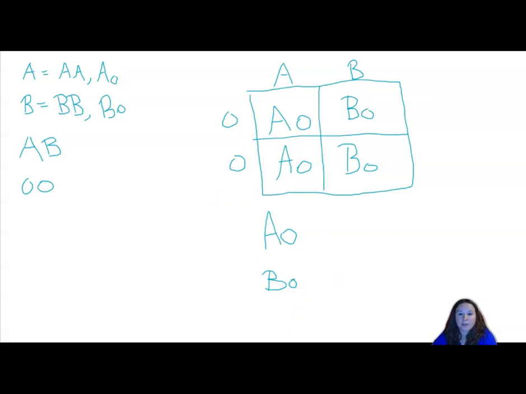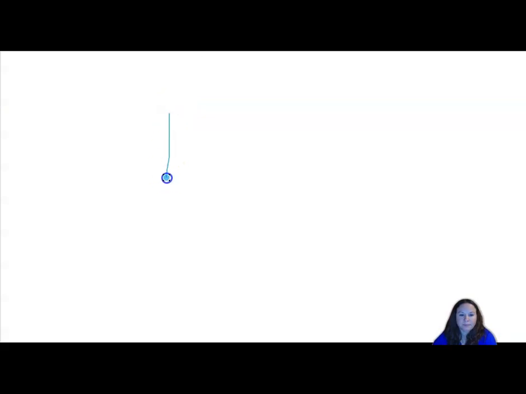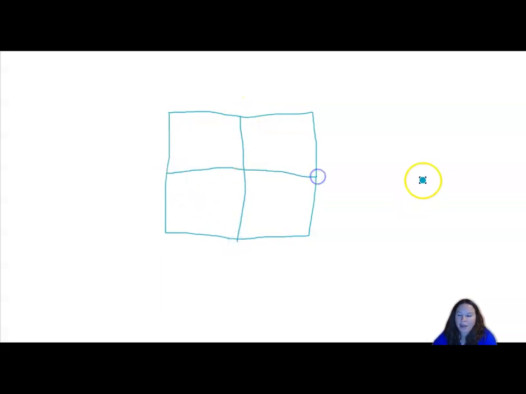Let's try another one. This is a fun one. Let's say that we have 2 parents and they have a kid with every blood type. How is that possible? All right, how is it possible? Well, let's give them at least this. We know that's going to give them AB, right?